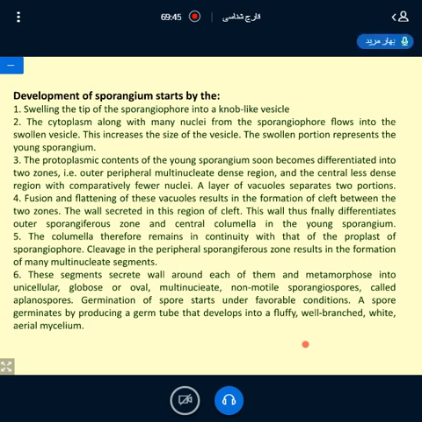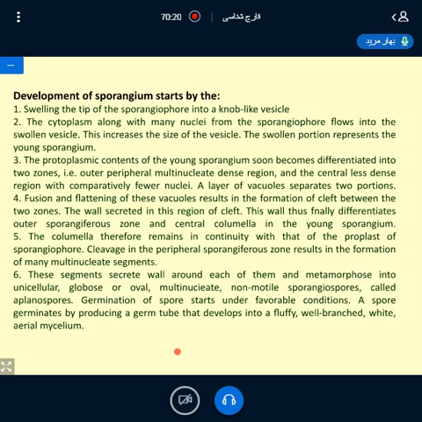Cleavage in the peripheral sporangiophorous zone results in the formation of many multinucleate segments. These segments secrete a wall around each of them and metamorphose into unicellular globose or oval, multinucleate, non-motile spores called aplanospores.